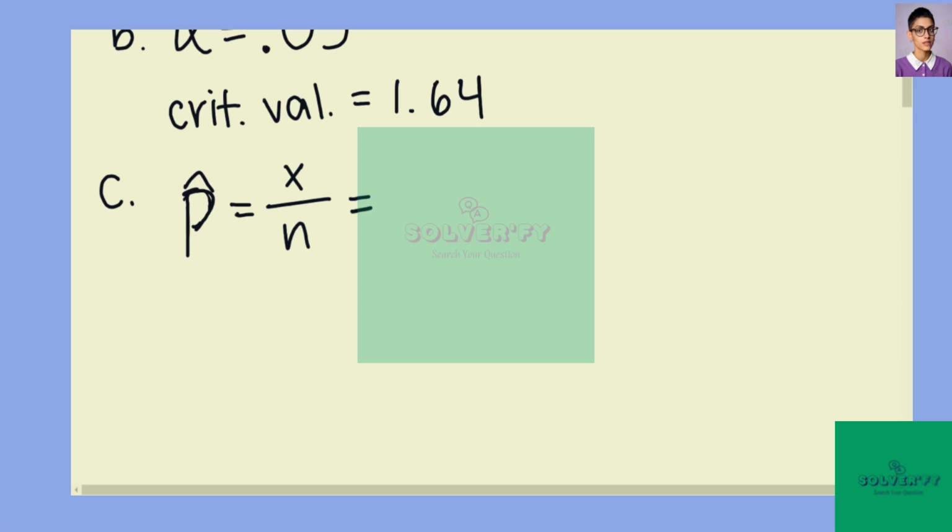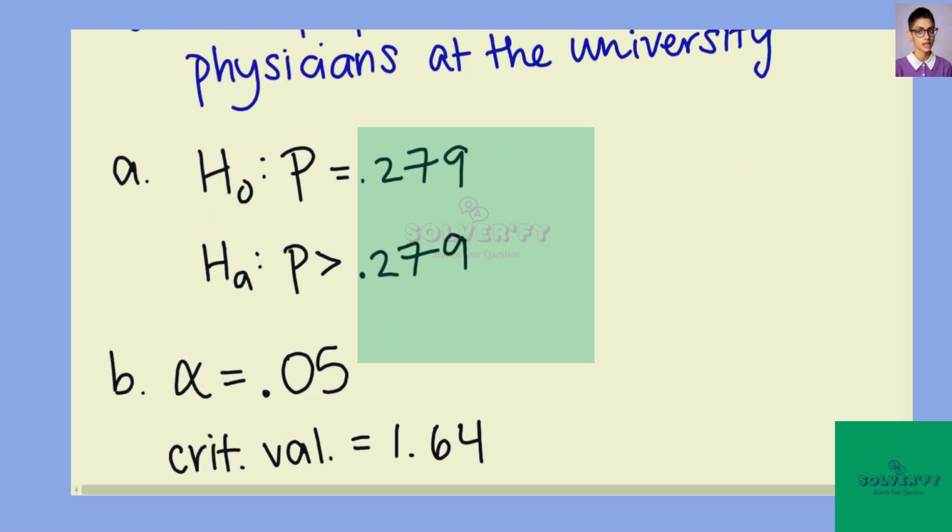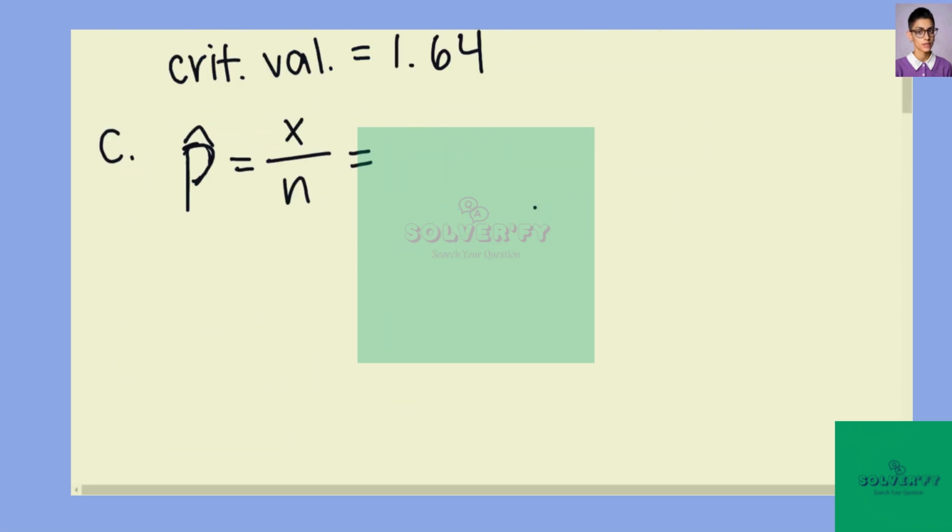So we have x is 45 and the sample size, n, is 120. 45 over 120. You can put that in your calculator, and you end up with 0.375.